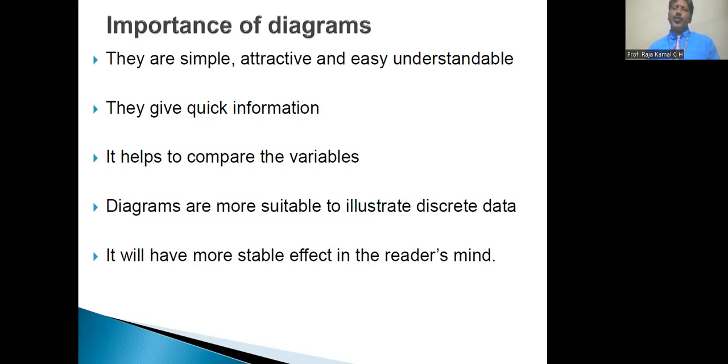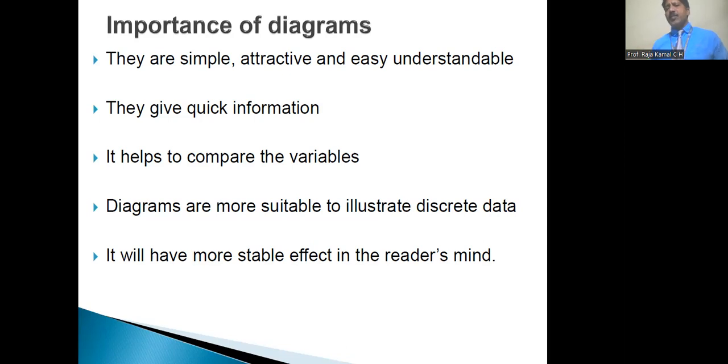You don't need to go through the complete data. The diagram itself says which year got more production. That is quick information. And not only that, it helps to compare the variables.